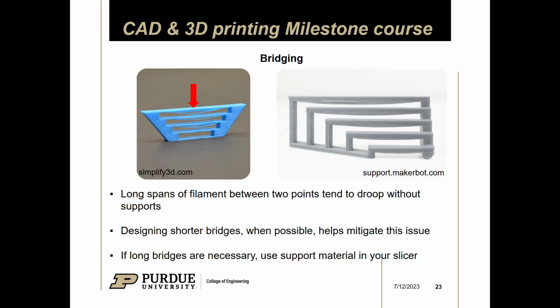It's a balance of what your part really needs and what you can model out. So try to avoid really long distances unless you know that you need it and you might have supports there. Does that make sense? Yeah. Cool.